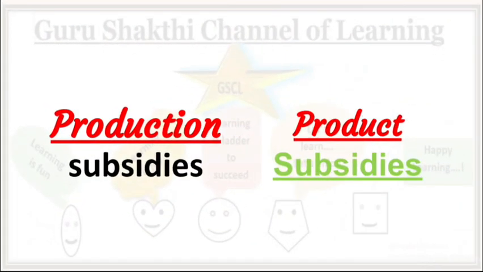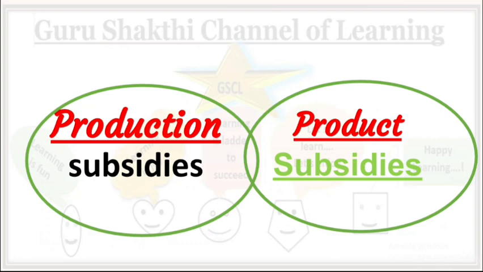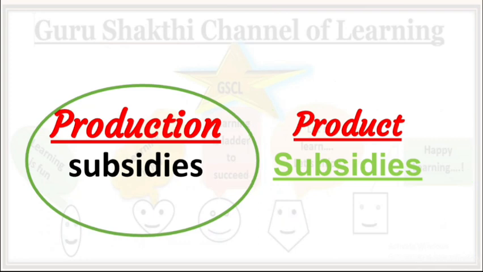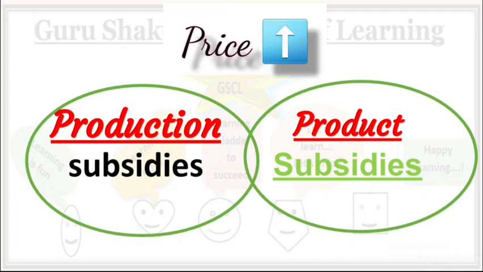Moving on to the subsidies, we have two kinds of subsidies: production subsidies and product subsidies. Government provides subsidies to the producers and consumers. It is for the welfare purpose, so that they won't be adversely affected by the market driven price rises.